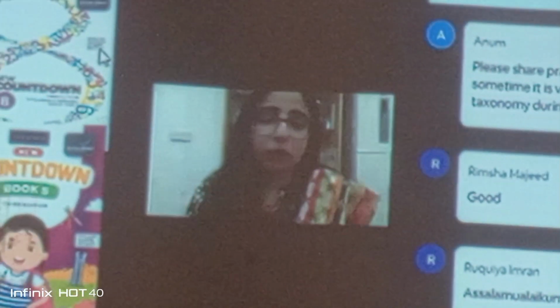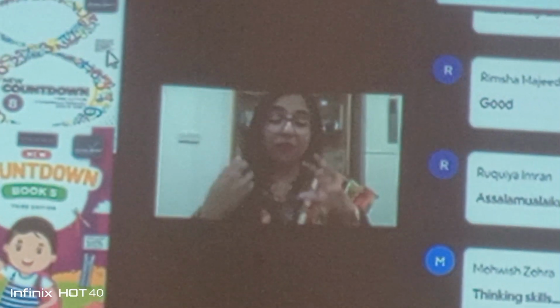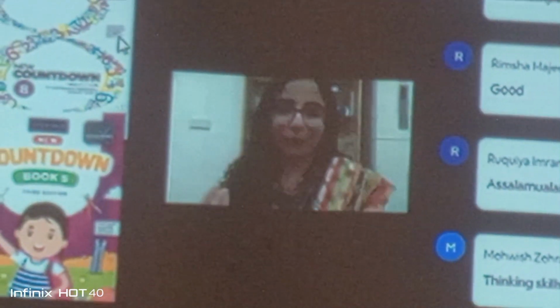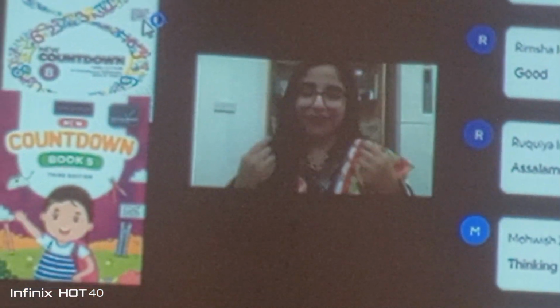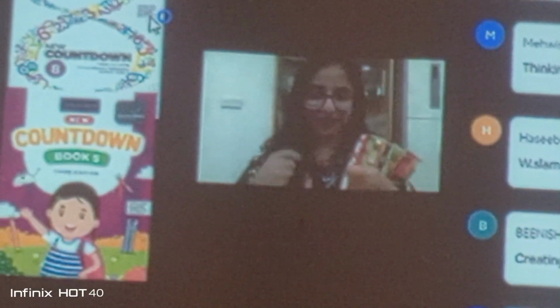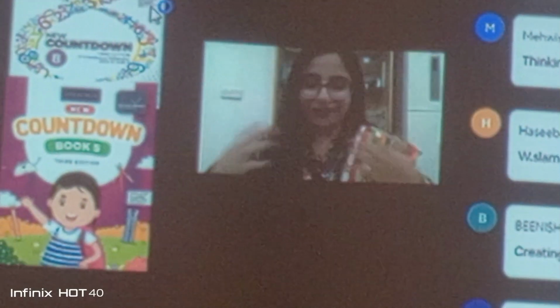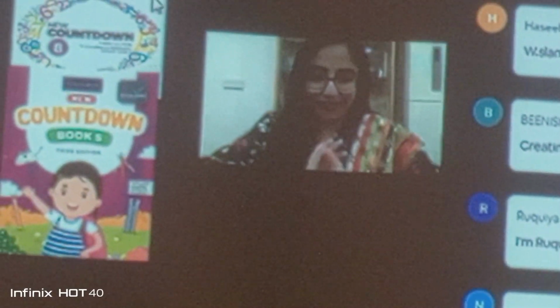So whichever book of Oxford you're using in your school, Bloom's taxonomy becomes a core ingredient, the salt, the taste of that entire thing that you get from this strategy.